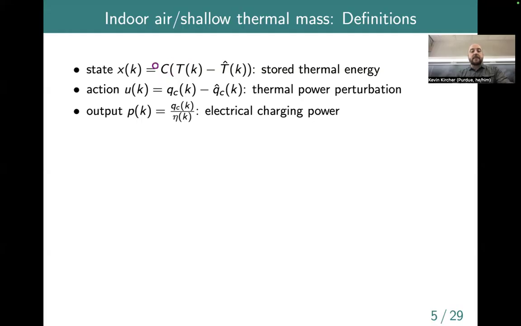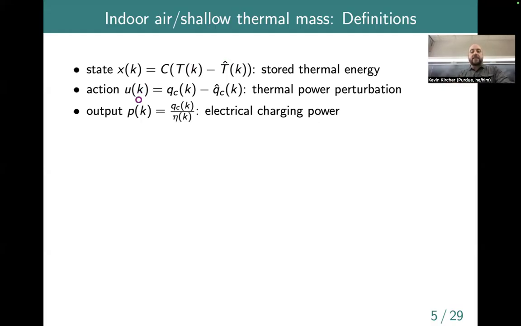So basically that's the thermal capacitance of the indoor air and whatever shallow thermal mass is tightly coupled to it, times the temperature deviation. Here T would be the actual temperature that would correspond to the blue curve in the graph that I showed, and T hat would be the baseline temperature. So this would correspond to that dashed orange line that I showed.